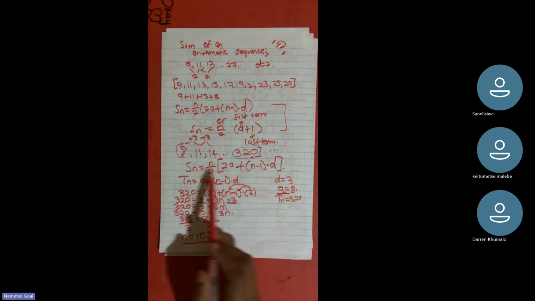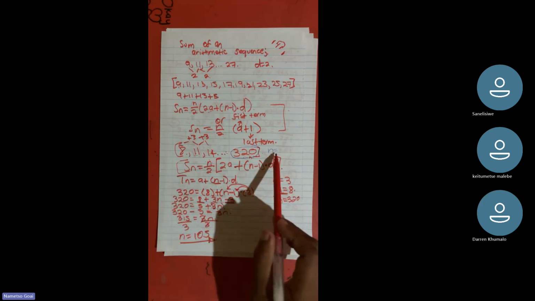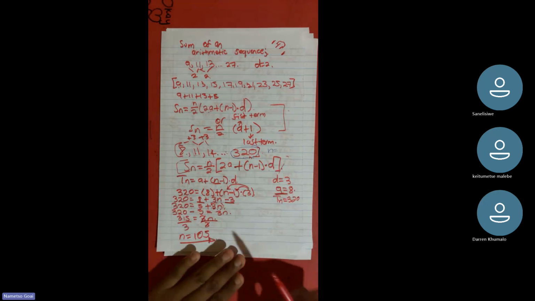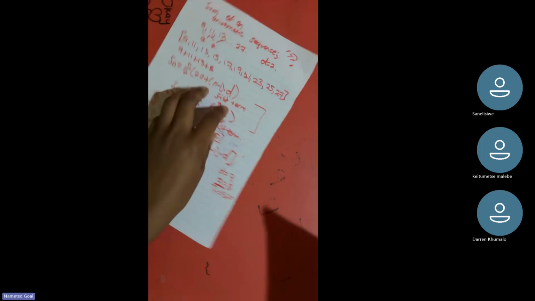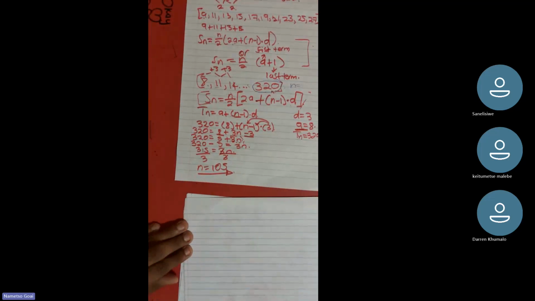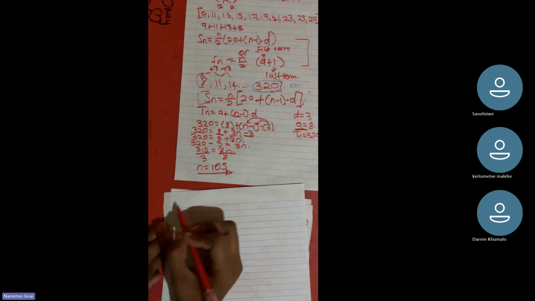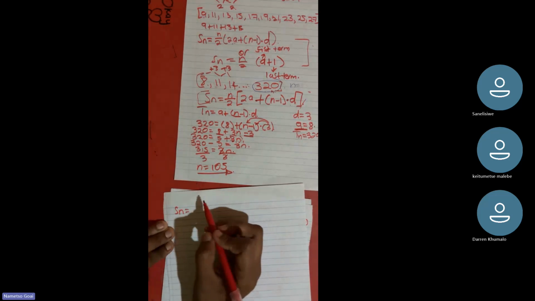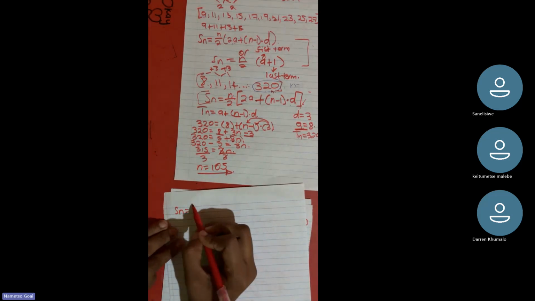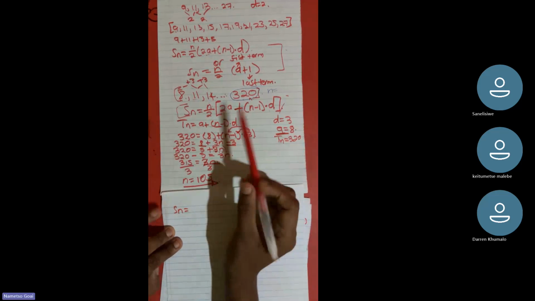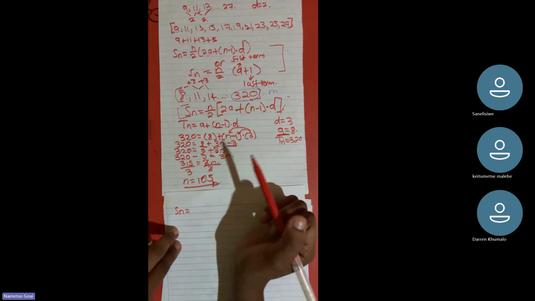So now we can compute our sum, because that's what we wanted to do initially. Our Sn, which is the sum, will equal, you can see the formula over here, I don't need to rewrite it.